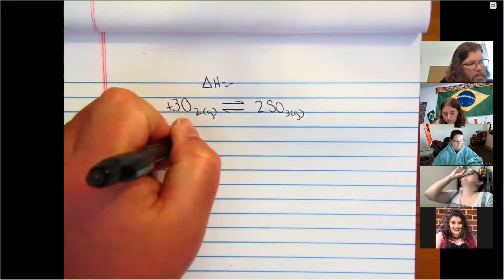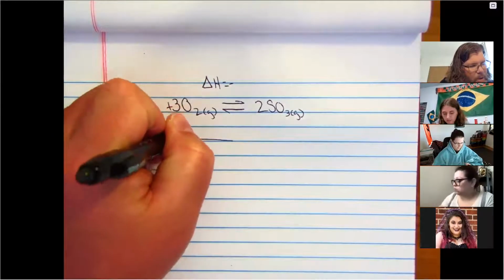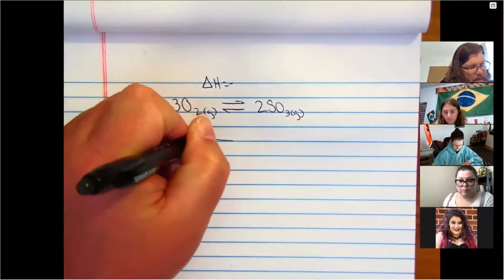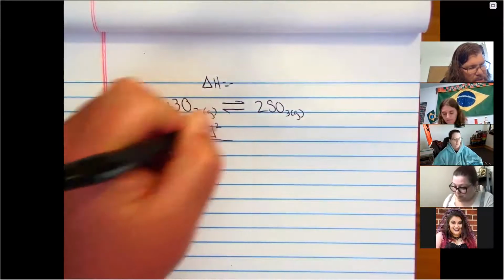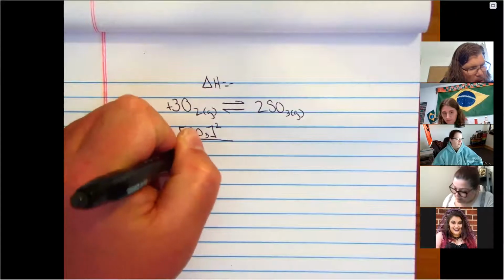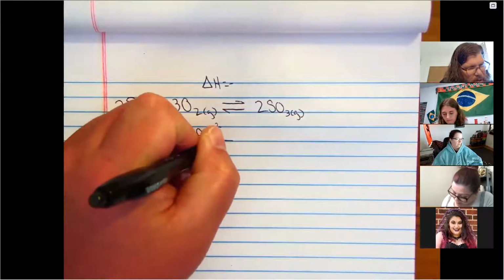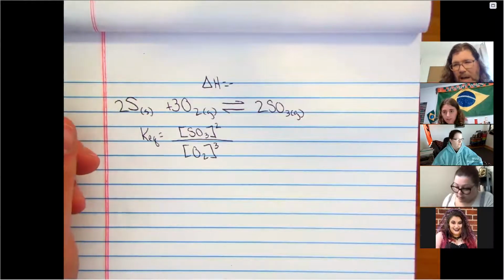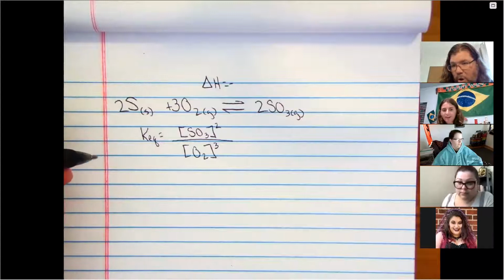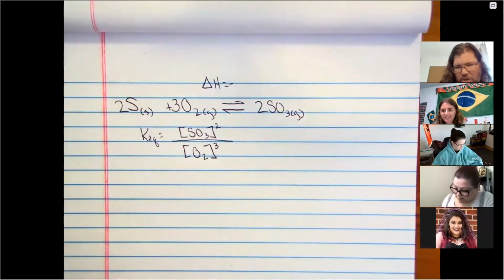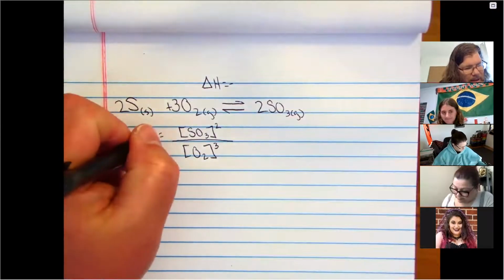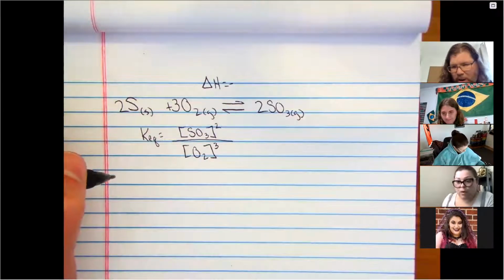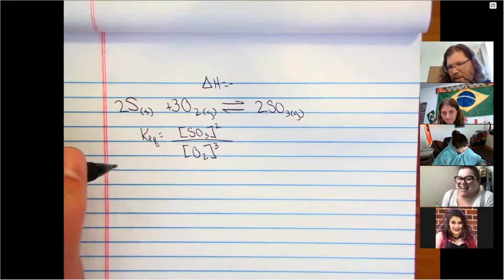Oh shoot, that's so wrong. Hopefully for your KEQ, you have SO3 concentration squared divided by O2 concentration cubed. Why did I leave sulfur out of the KEQ? Because it's a solid. Yep, solids and liquids are not shown. I started writing that down and then I thought, oh shoot, I should have written an example of that, just so that no one could claim that I was being tricky on the exam if I put a solid or liquid in.